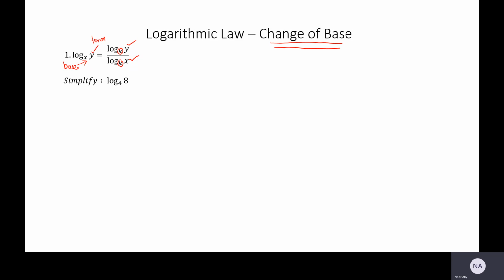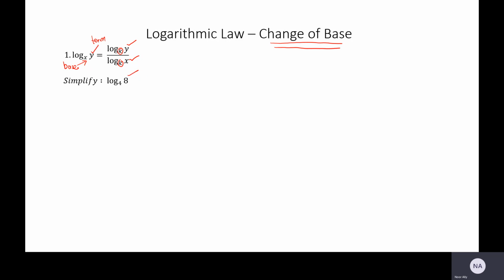Now this becomes extremely useful in cases where the bases are not standard bases or natural logs. There we have an example right here. The log of 8 to the base 4. How do we simplify that? Well, we simply apply the change of base law.